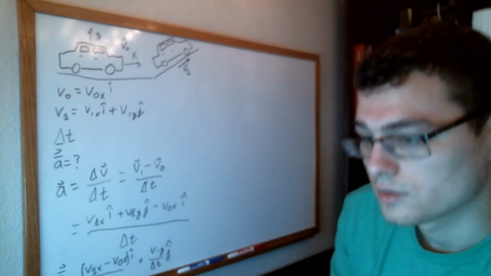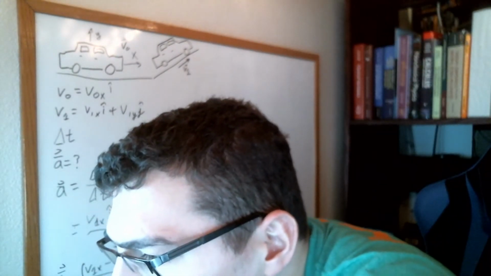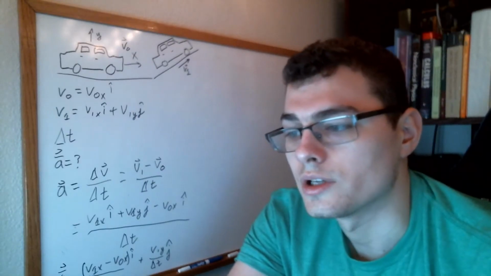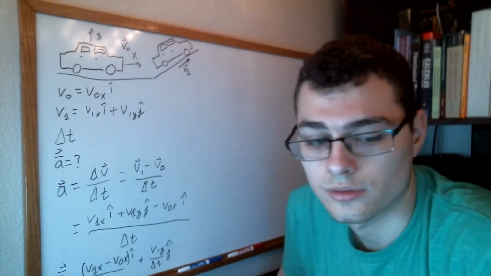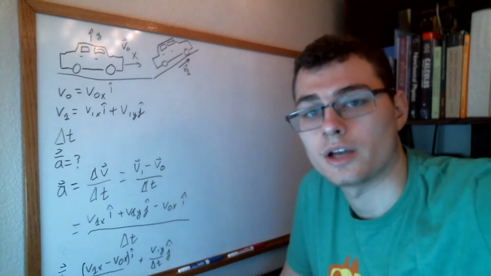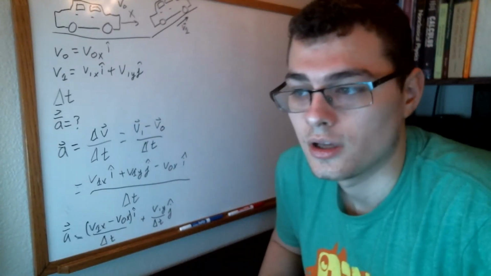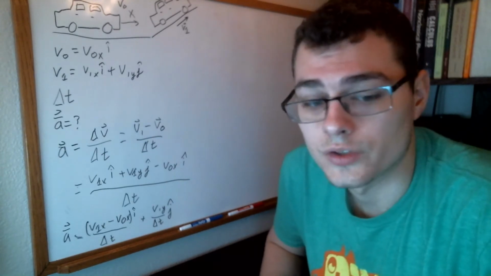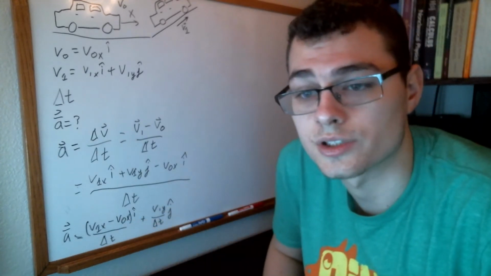Next, they want us to find the actual magnitude of this vector as a single number. All we have to do is use the Pythagorean theorem. We already have our components, so we just add them up.